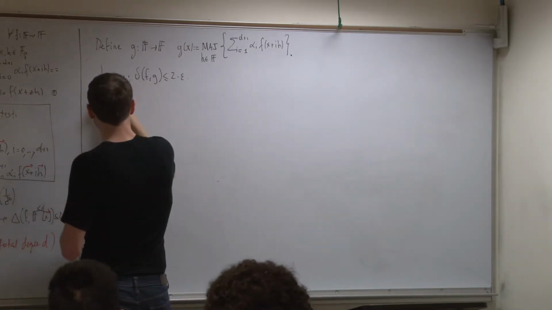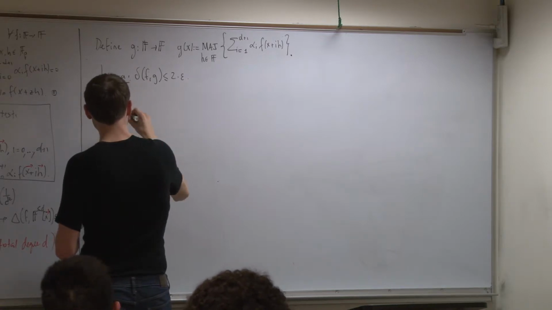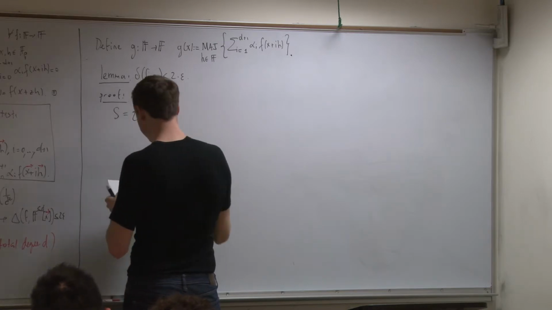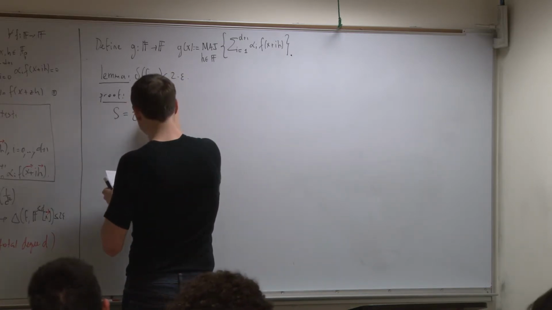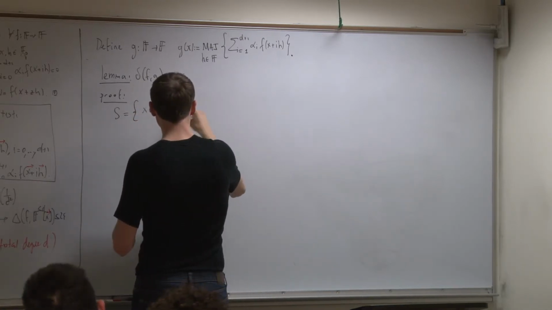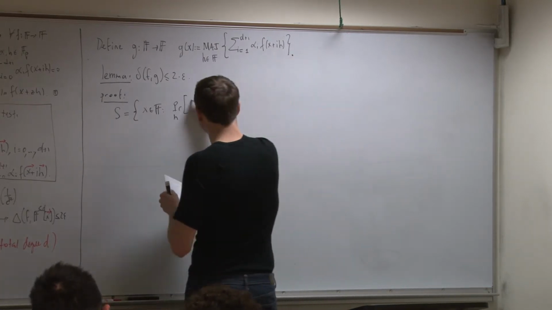All right, so one way to prove it is as follows. Define S to be the set of x in F where the probability that this expression agrees with f of x is not very high.